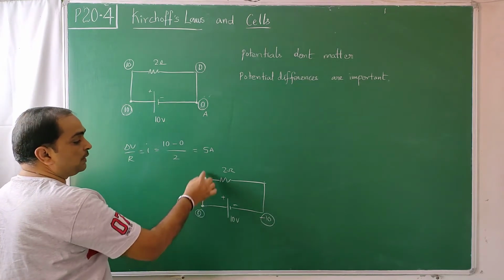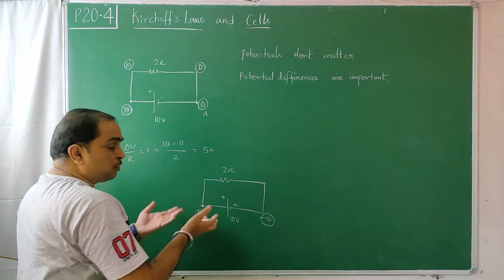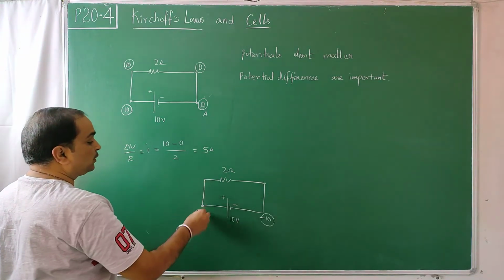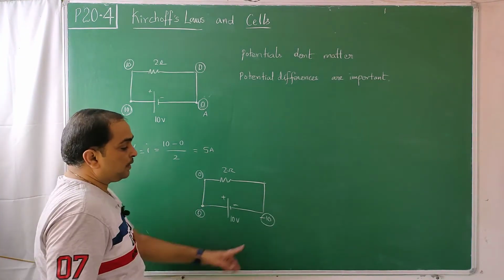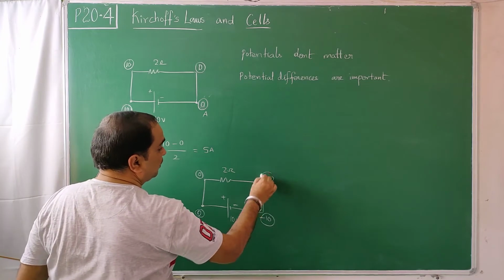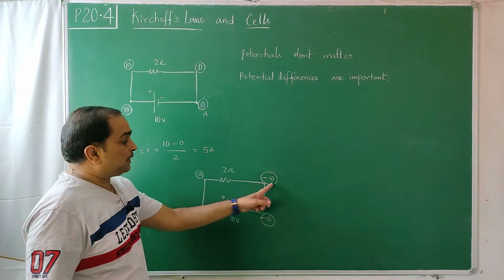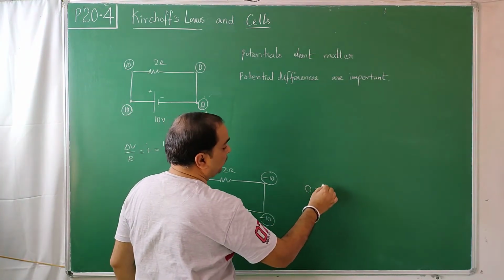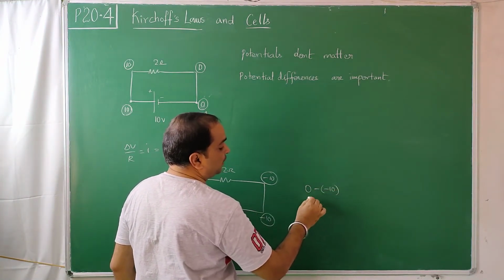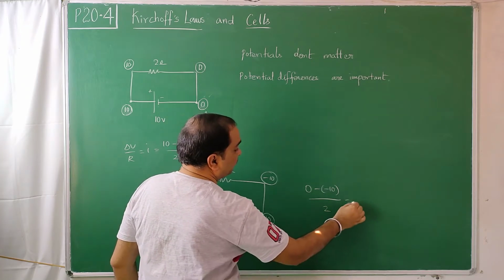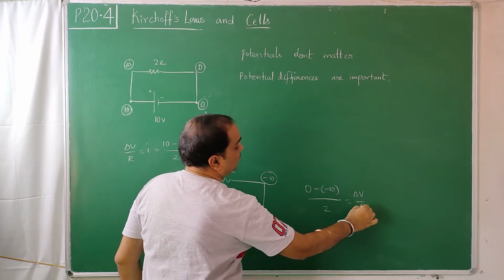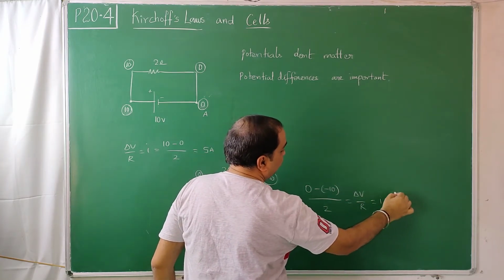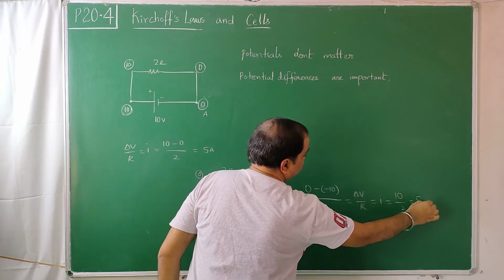As there is no resistor to eat the energy, there is no battery to pump the energy, so this point and this point will be at the same potential, 0. This will be at minus 10. Compared to minus 10, 0 is more, so it will flow from this side to that side. 0 minus of minus 10. The potential difference is subtracted and divided by the resistor. Delta V by R, that should be I. That should be minus of minus 10, 10 by 2 is 5.